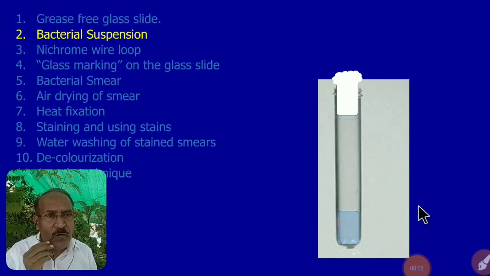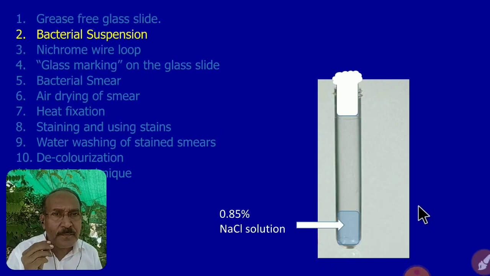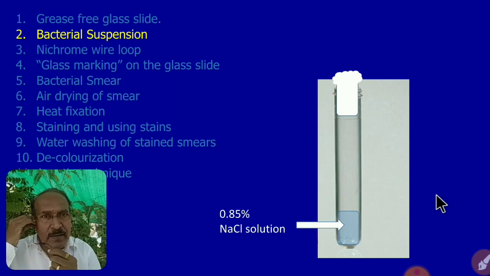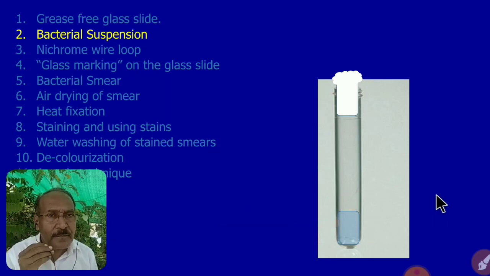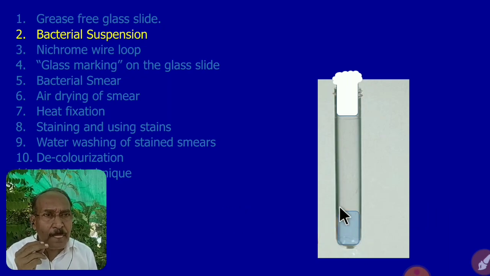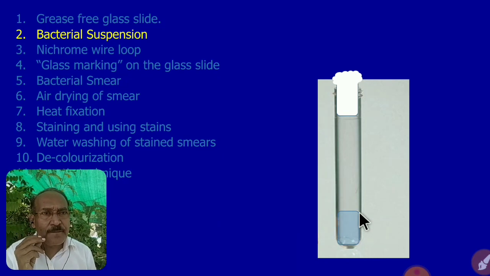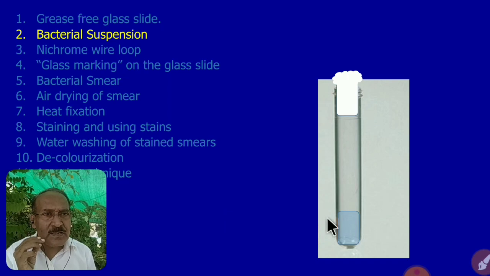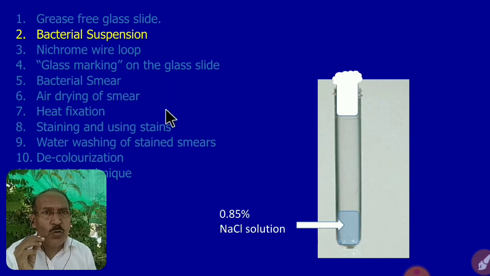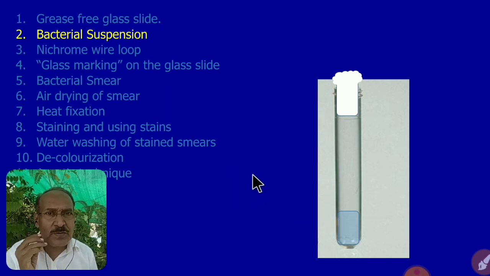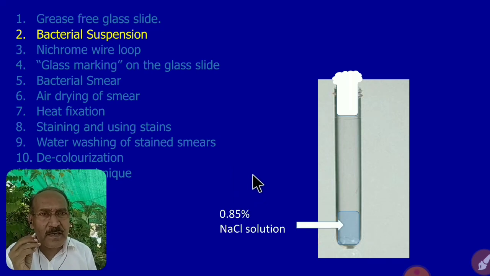This 0.85% NaCl solution is required to have osmotic balance with the bacterial cells in the suspension. Means this is the most safe solution for bacterial cells. Cells are not harmed, and this system together is then known as bacterial cell suspension. So this bacterial cell suspension is used during bacterial staining procedures.